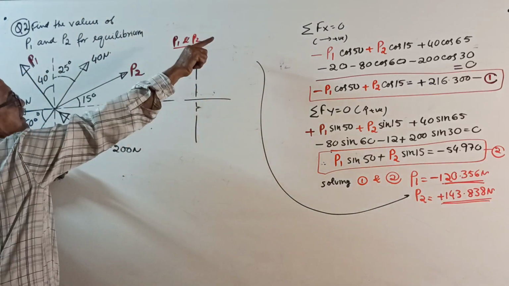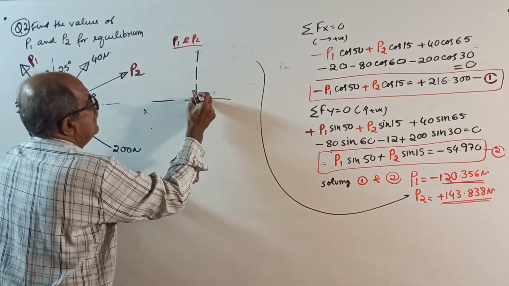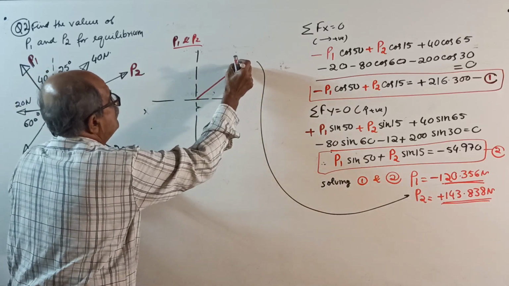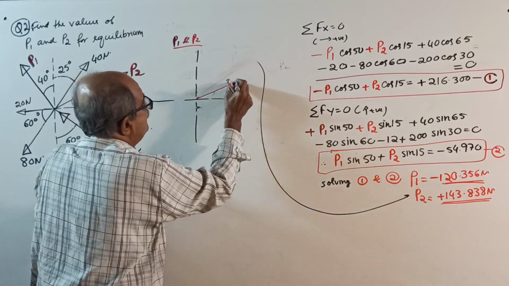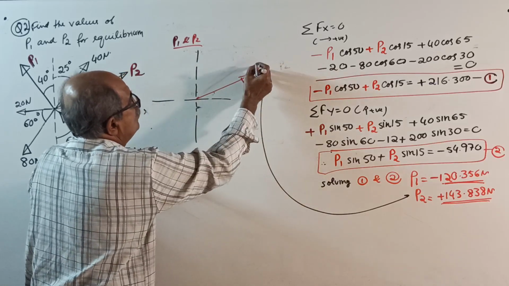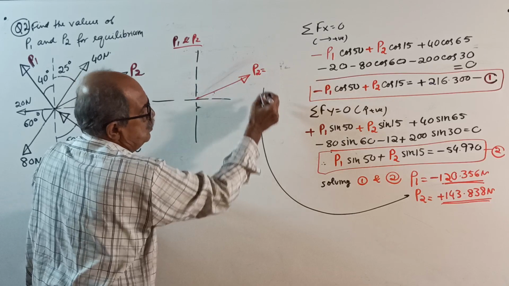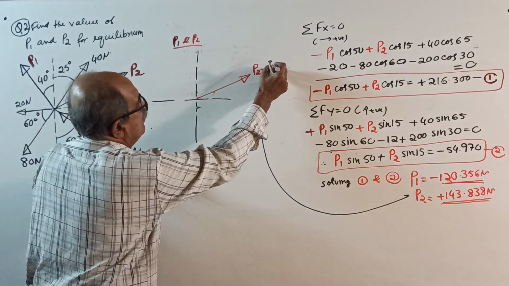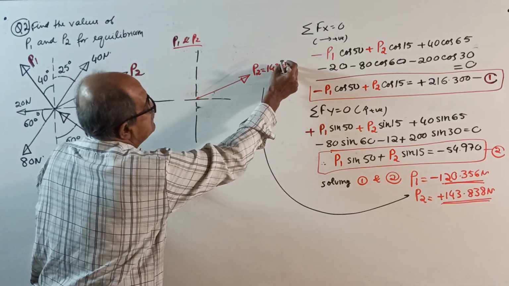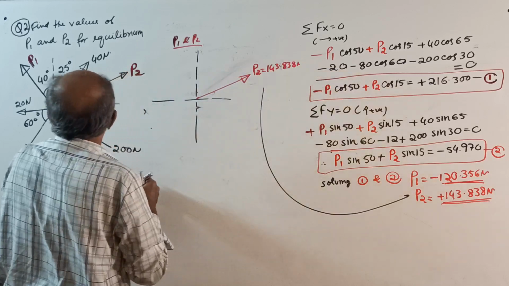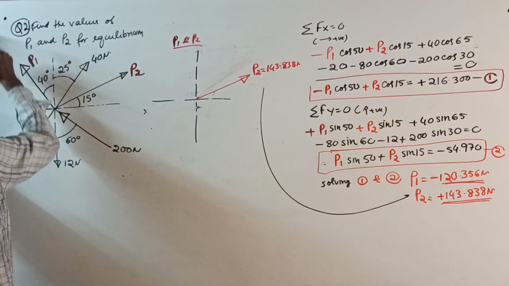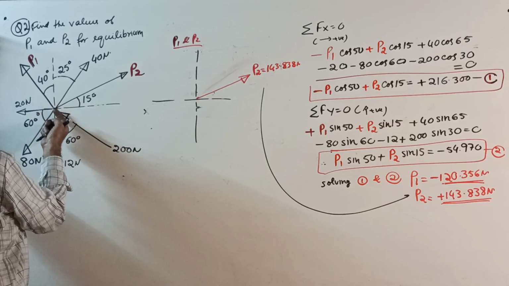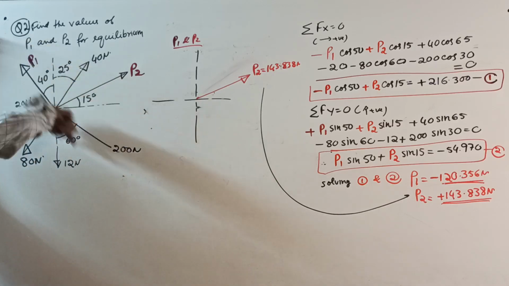P2 you took right side, correct. This is your P2, out of scale, okay, little lesser angle. This is your P2. No sign now. Your P2 equal to whatever you got, 143.838 Newton. Correct. P1 was considered like this. Negative sign comes, so it is not like this. It is like this.